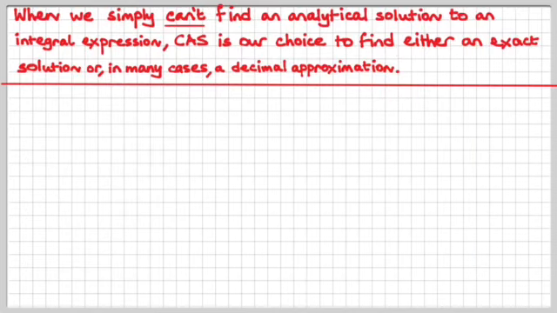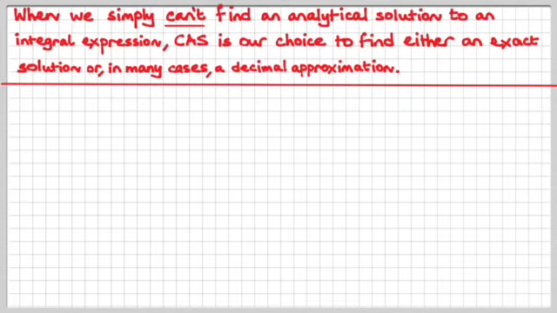Now, lastly for this lesson, when we simply can't find an analytical solution to an integral expression, CAS is our choice of weapon to find either an exact solution or, in many cases, a decimal approximation. Sometimes CAS just can't wade through all the algebraic mud and integration horrors, and therefore it just gives us a decimal approximation.